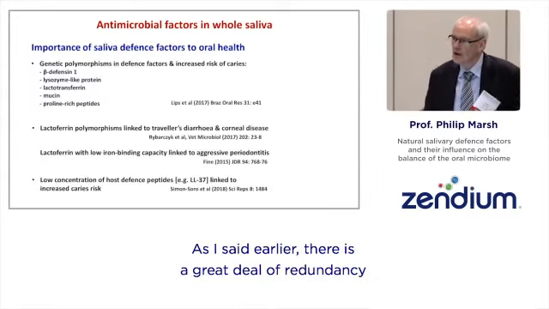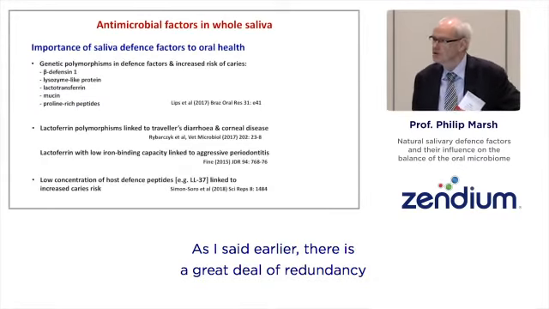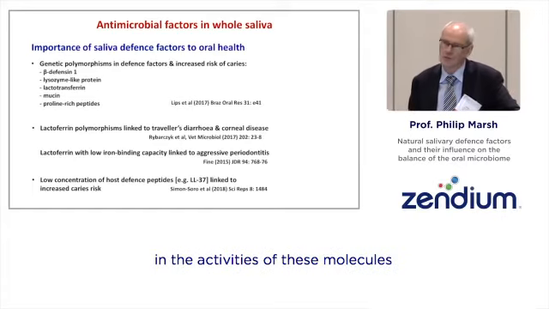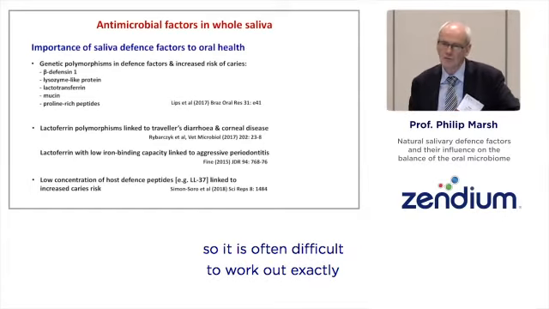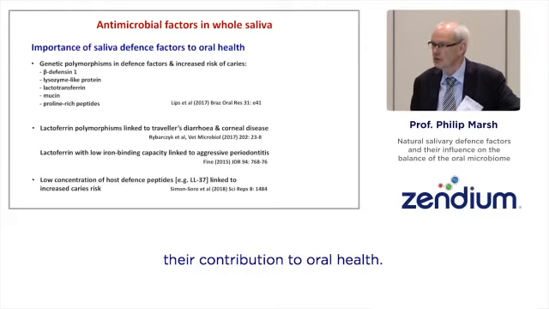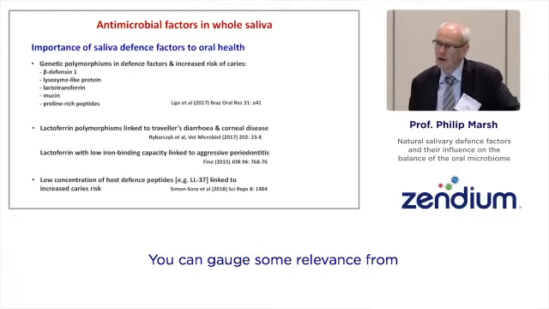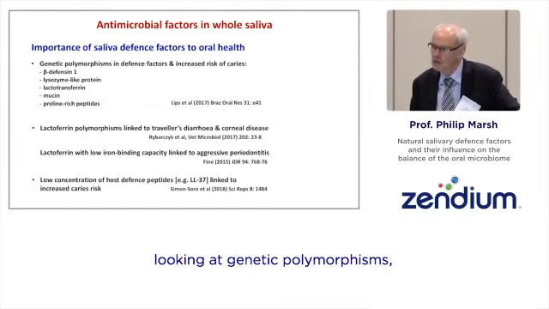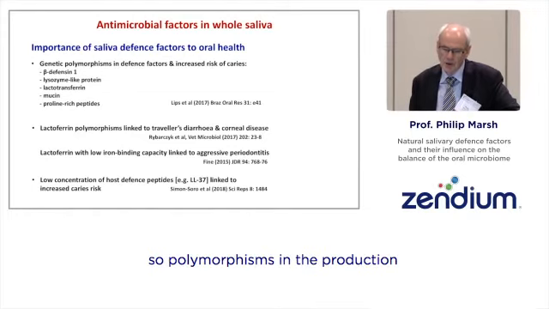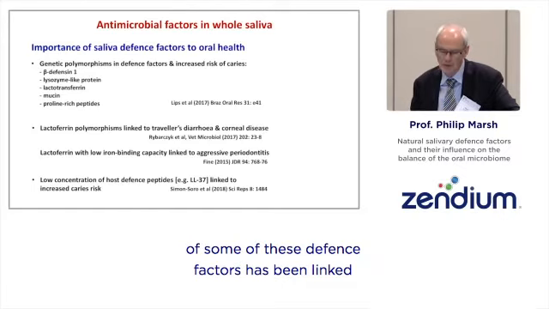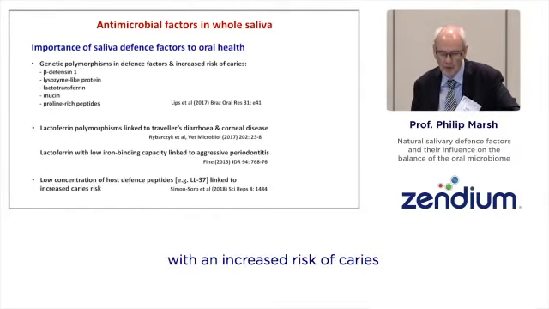As I said earlier, there is a great deal of redundancy in the activity of these molecules, so it is often difficult to work out exactly their contribution to oral health. You can gauge some relevance from looking at genetic polymorphisms. Polymorphisms in the production of some of these defense factors have been linked with an increased risk of caries.